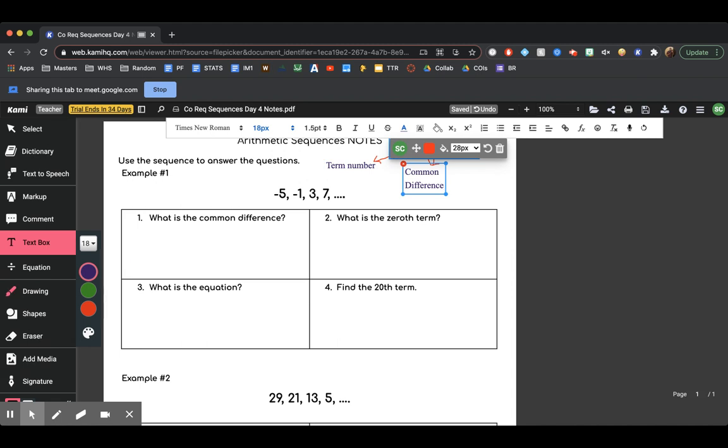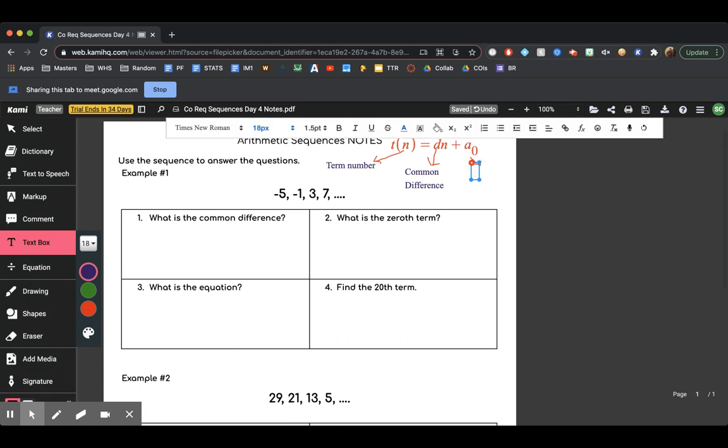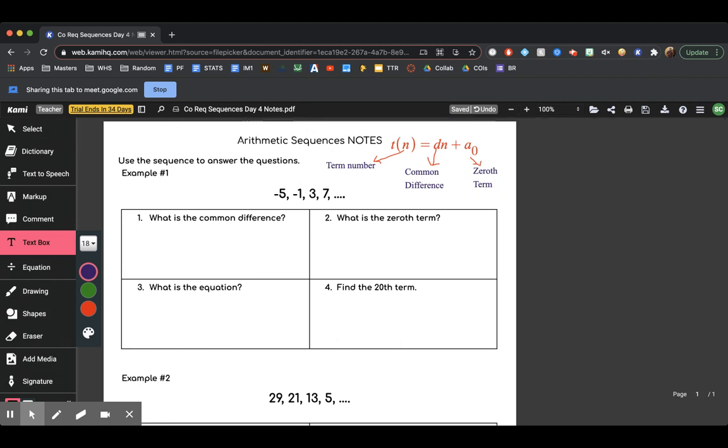Each n stands for the same thing. And the last item is the a sub 0, and that represents the zeroth term. Okay, so at this point, we already know how to find the common difference and how to find the zero term. So all we're going to do now is add the next step, which is use what we know to create the equation. Okay, so let's look at the first example.